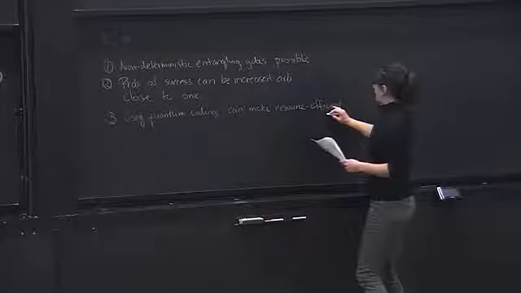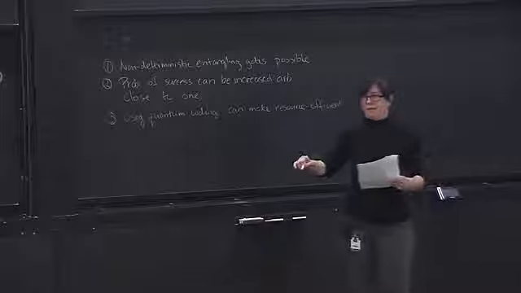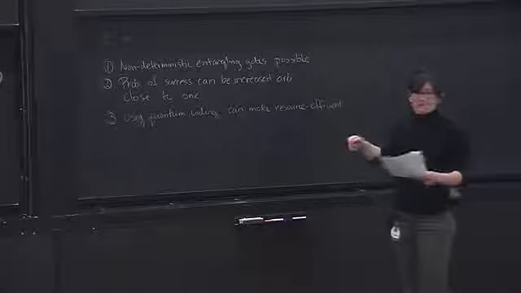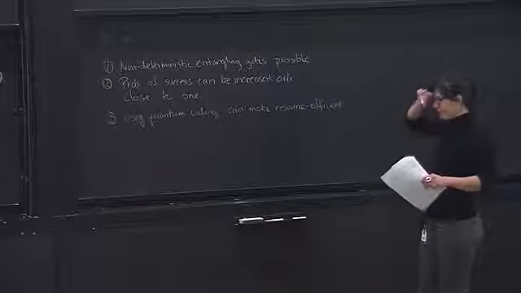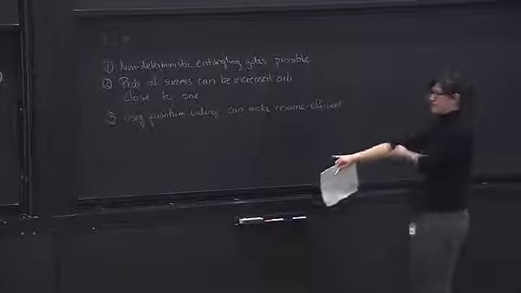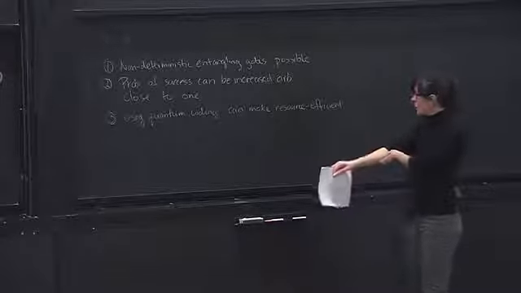Resource efficient means that the number of resources scales at most polynomially with the complexity of the computation. And I think in this paper they actually showed that it scales linearly. So that was great.